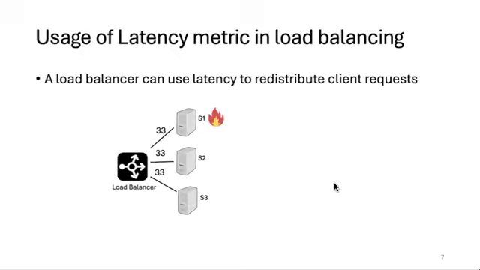Now the request forwarded to the server S1 may incur a delay in its response. If the load balancer has this delay information, it can infer the load on the server and proportionately move the new requests to other backend servers. This can also help reduce the load on the server and thereby allow better utilization of the resources on the server and also improve the performance observed by the client.